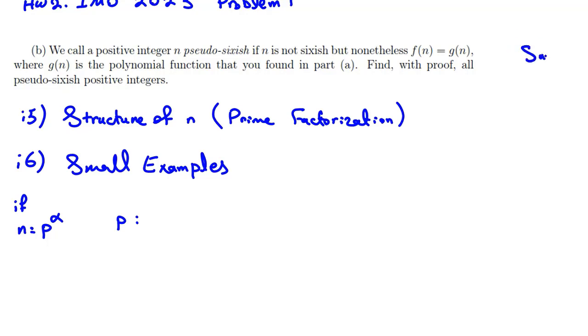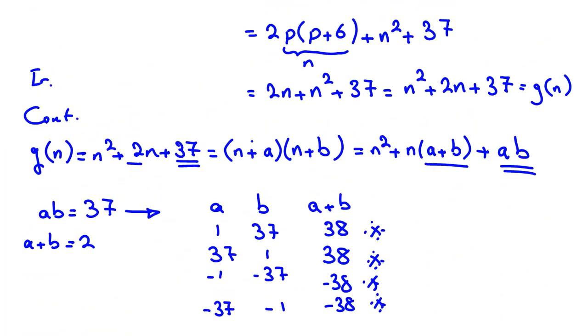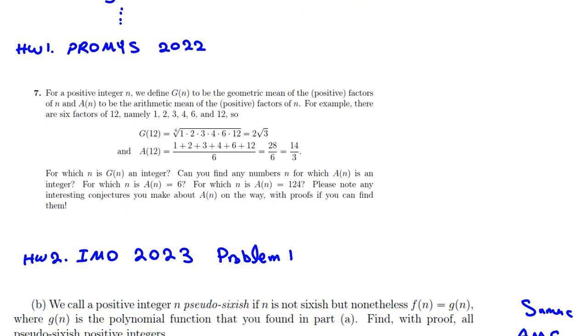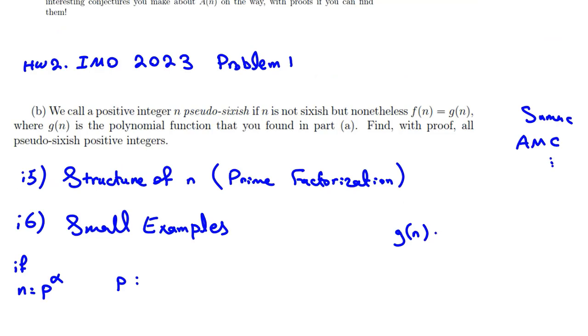This idea is useful in SUMAC, in hard problems of AMC and also other exams. So let's focus on p. g of n was what? g of n is n squared plus 2n plus 37.